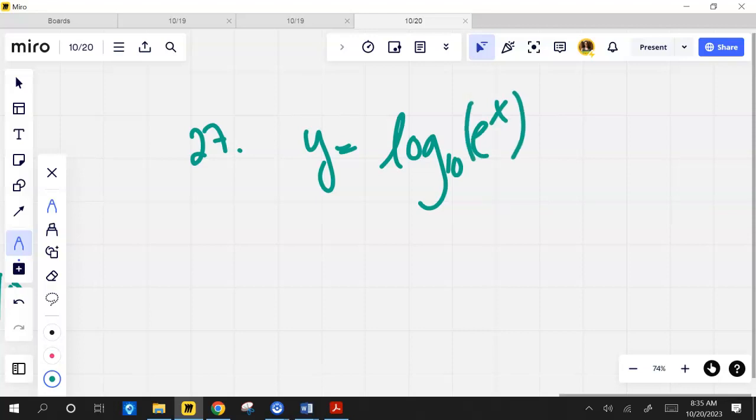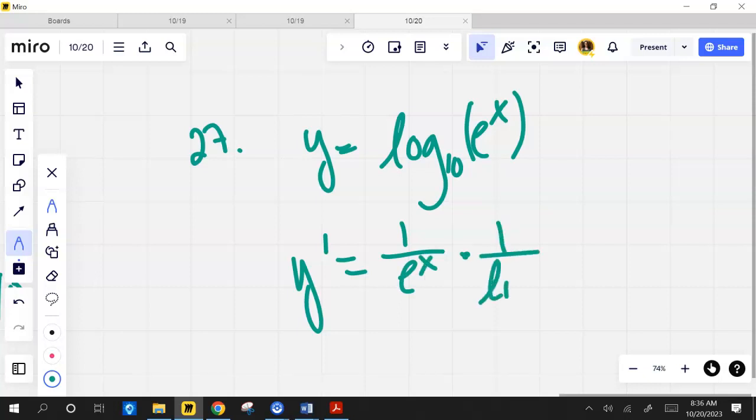All right, so again, I'm back to the pink sheet. I'm going to use that very last one, bottom right, log base a of x, right? So the derivative here would be 1 over x, where my x is e to the x, times 1 over the natural log of a, and what is a? 10. Now I chain it.